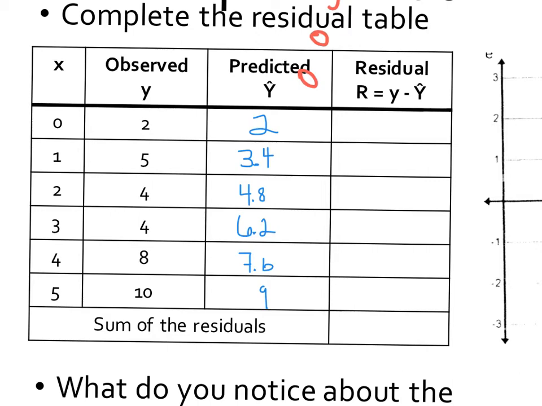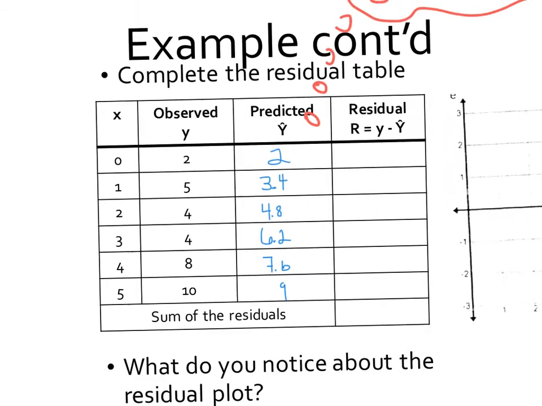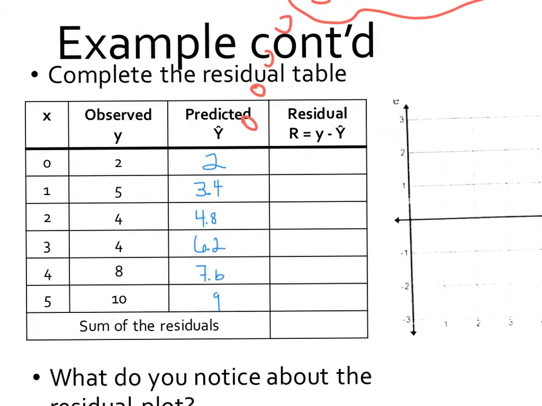Now we're going to find our residual values. For this first blank, we are thinking in our minds, I'm going to take the y minus the y hat. So 2 minus 2 equals 0. For the next one, we're going to take 5 minus 3.4, which is 1.6.